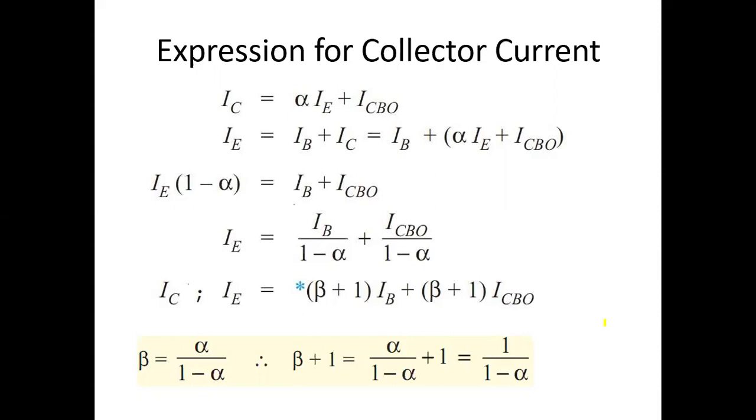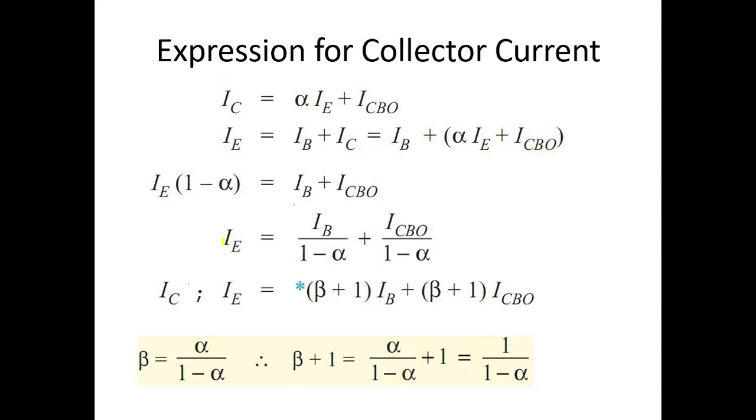By putting this value of IC in the main equation IE is equal to IB plus IC, we have IE is equal to IB plus alpha IE plus ICBO.